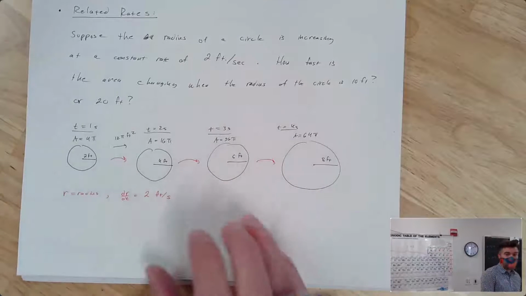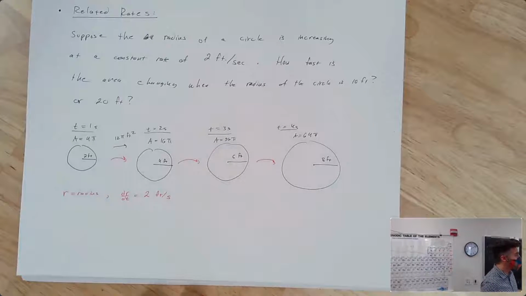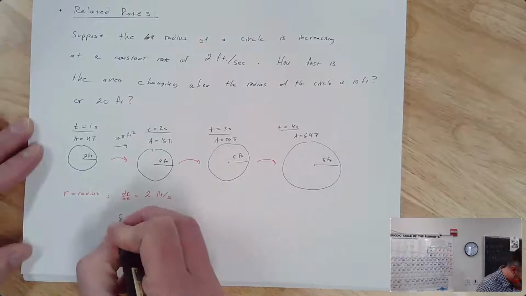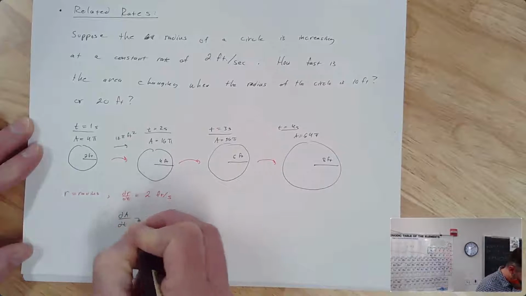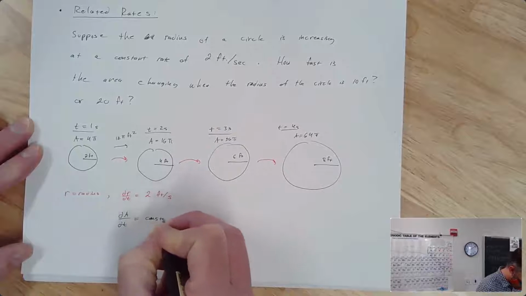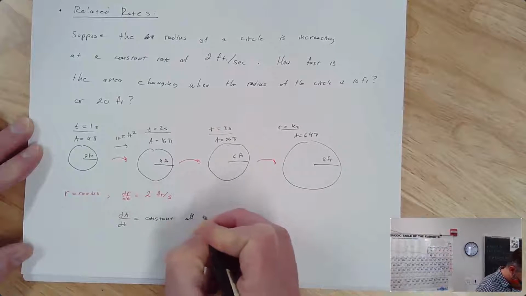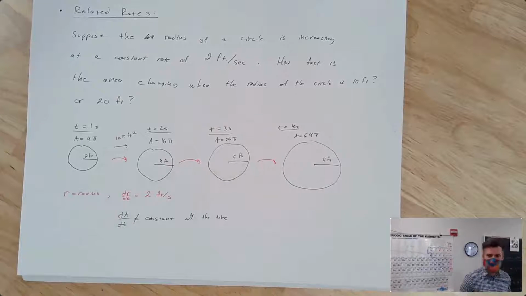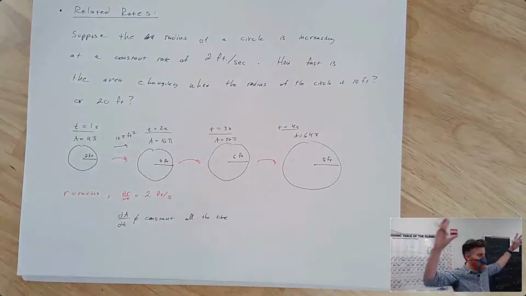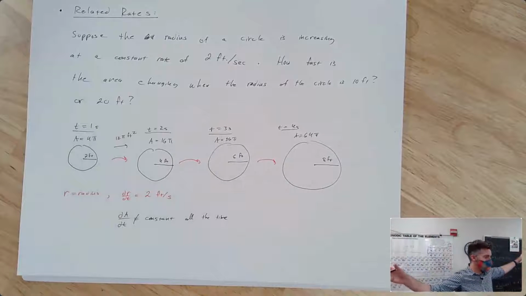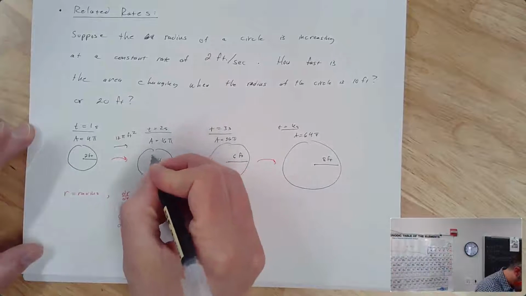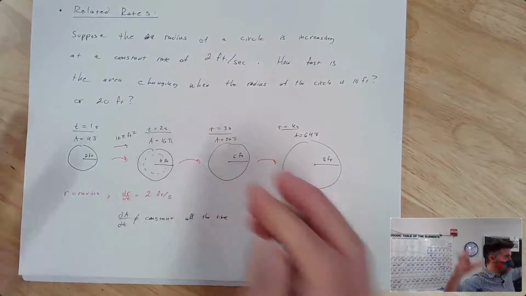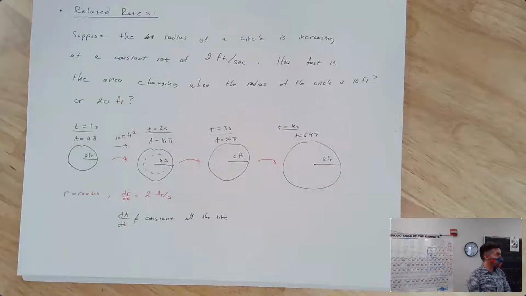So the rate of change of area, unlike radius, is not constant. We can't just say that dA/dt is equal to some constant number all the time. It is not. And that makes sense, right? Because if you make the circle 2 feet larger on the outer part, you're essentially adding on the outside. And when you add on the outside, it's a lot more circumference to add area to.